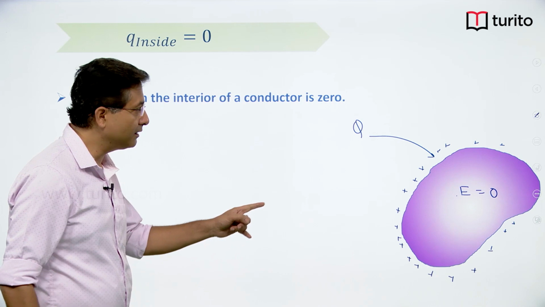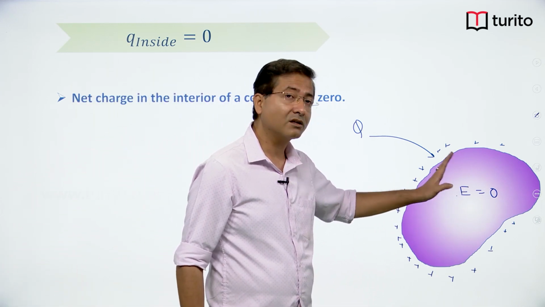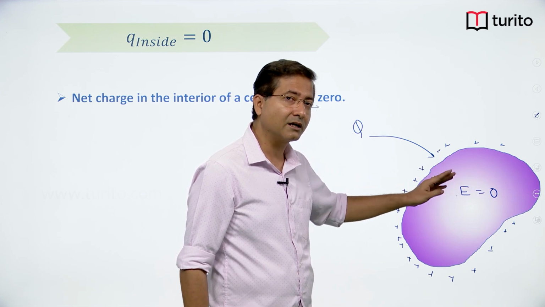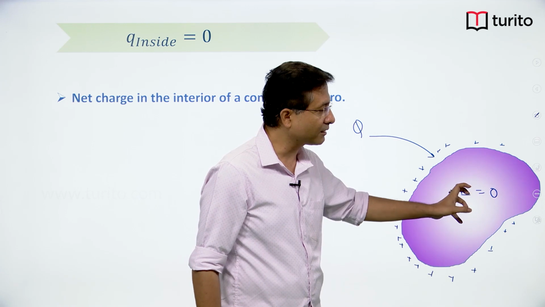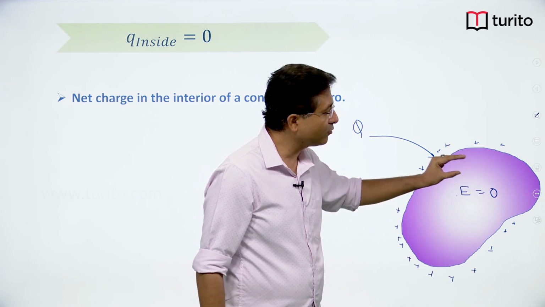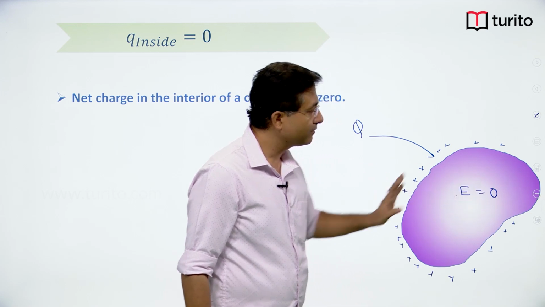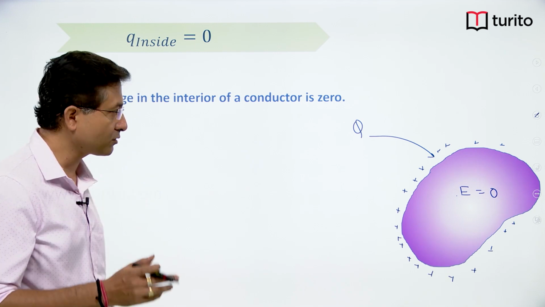If there is a net field inside, obviously charge will still be drifting. That is not the condition of electrostatics. Electrostatic means charge at rest. So, when the electrostatic condition is achieved, there will not be any movement at that moment. There is no net field inside the conductor. This was the first point.